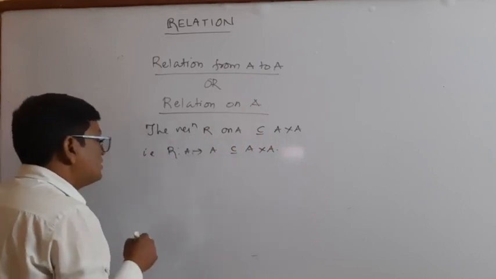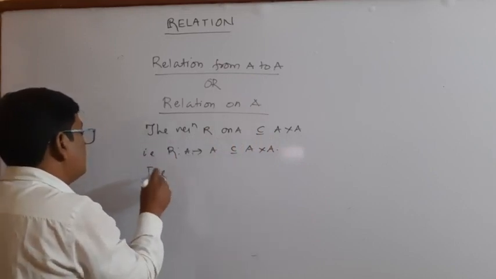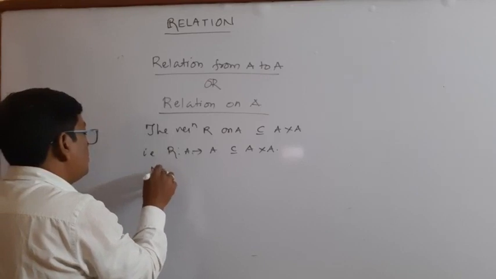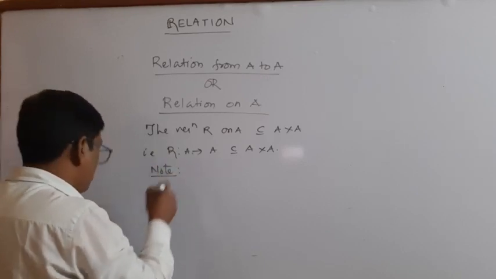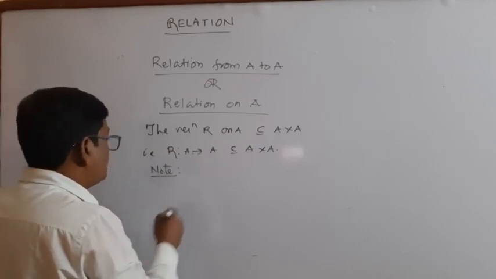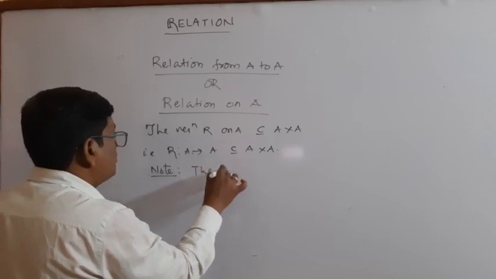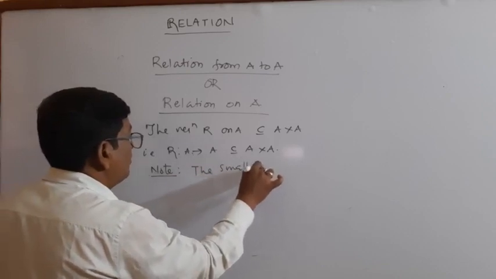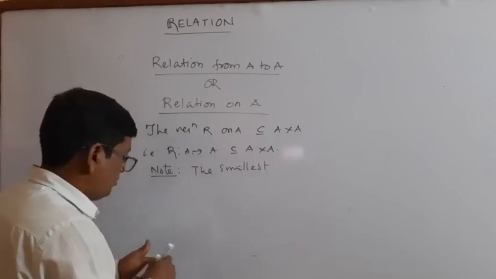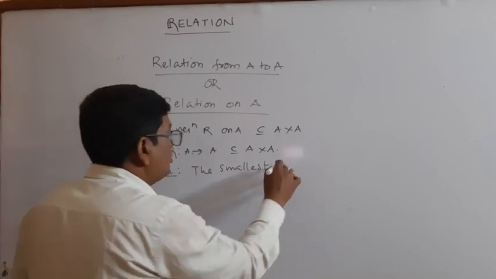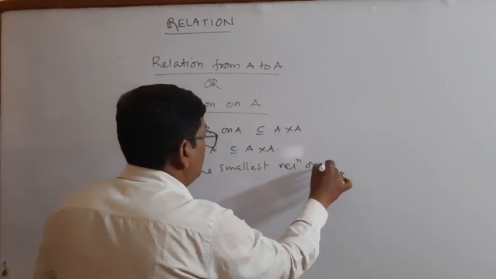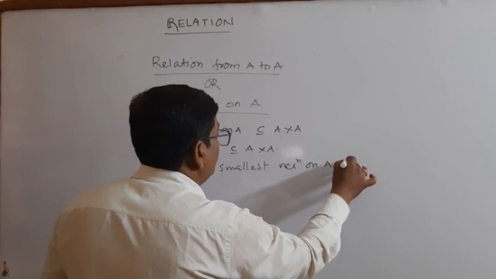Note: the smallest relation on A is phi.